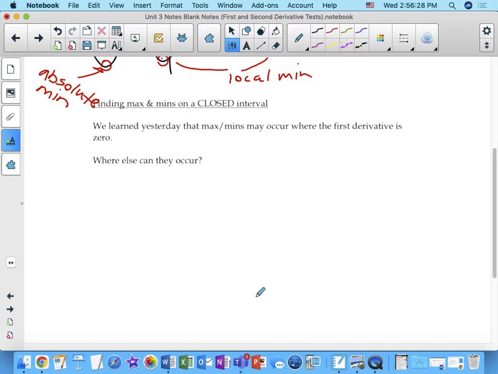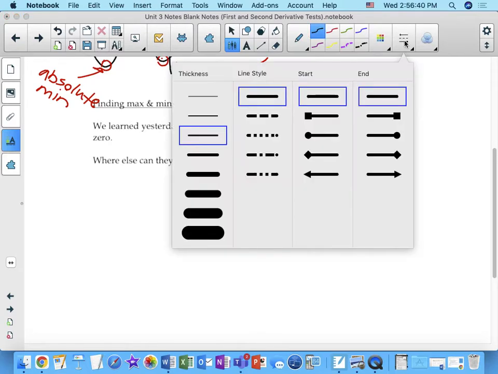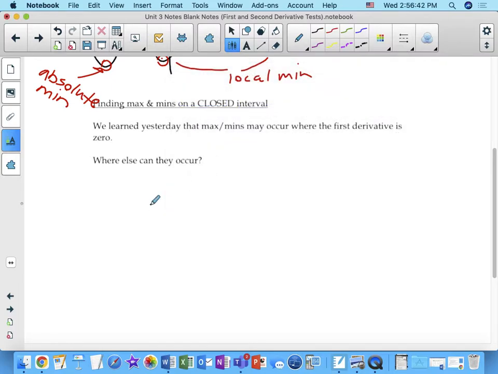If it's a closed interval, meaning it goes between two finite values of x, then max-mins could occur either when the derivative is 0, or, as we just saw above, they can also occur at the endpoints.